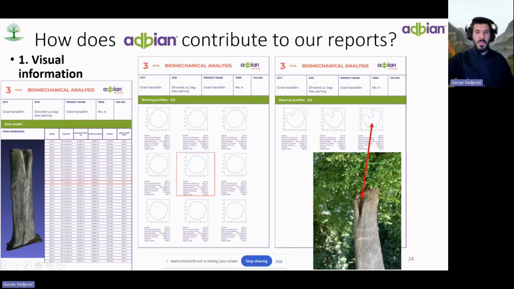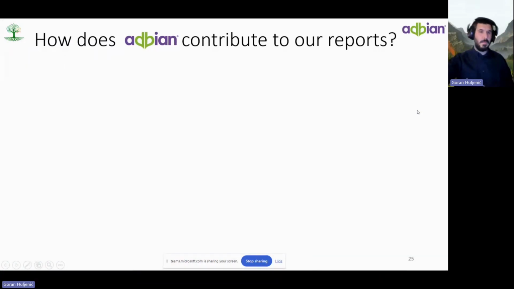So you see the information. This is, for example, a cavity on a tree. It's very nicely and correctly represented. This geometry is exactly what was on the tree.